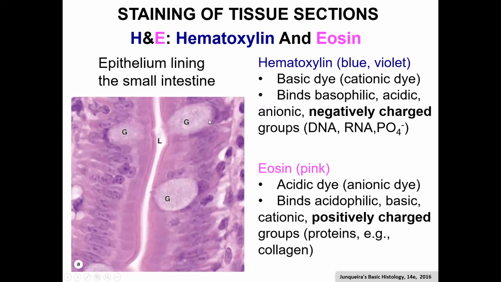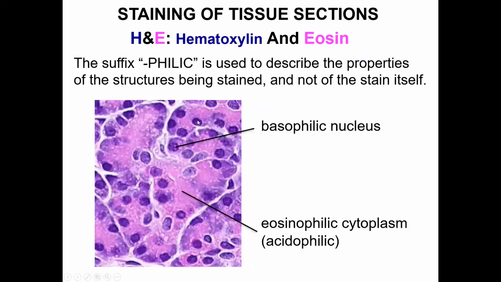There are some cells that do not stain with hematoxylin and eosin. And why does that happen? Because they are neutral. And these are the goblet cells, and the goblet cells secrete a mucus, secrete carbohydrate, mostly neutral carbohydrates.